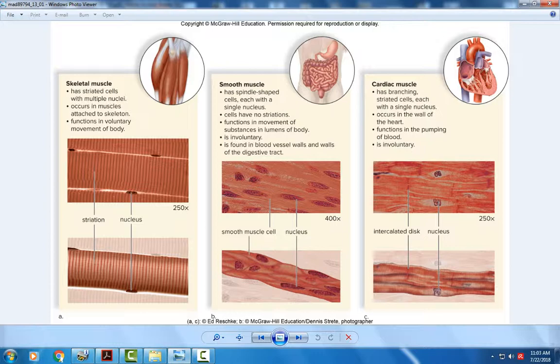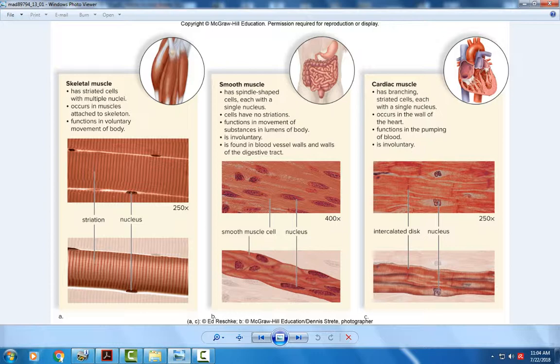Cardiac muscle is unique in that it has branched cells. So the cells would start, for example, let's find a good one to look at. Okay, so here's a cardiac muscle cell, and it is tethered together with another cardiac muscle cell with this dark line here called an intercalated disc.